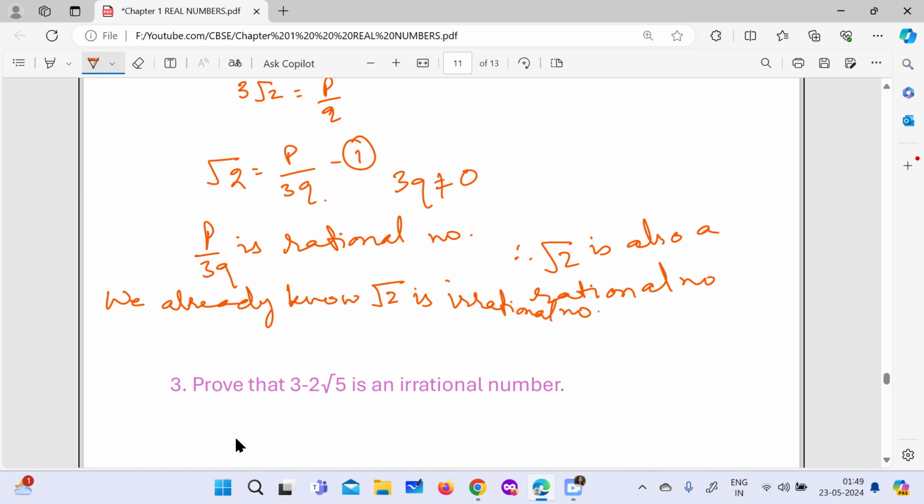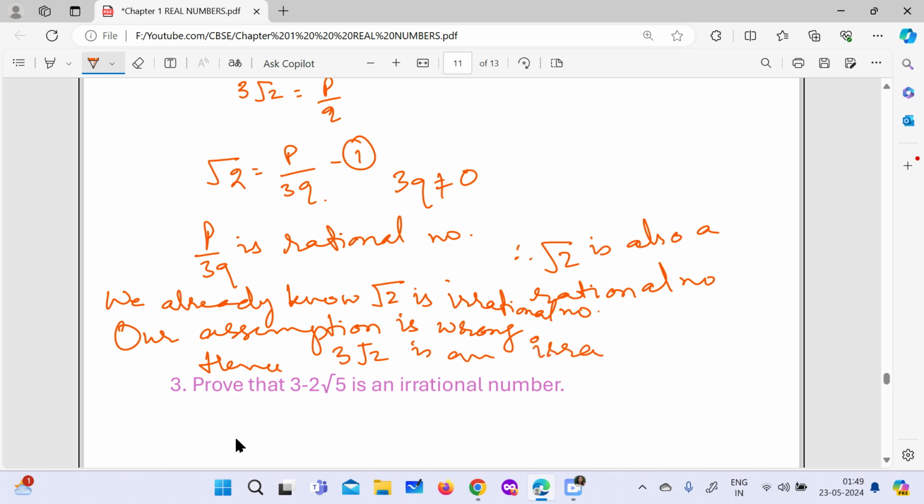So root 2 being an irrational number is contradictory to our assumption. So we can always say that our assumption is wrong. Hence 3 root 2 is an irrational number.